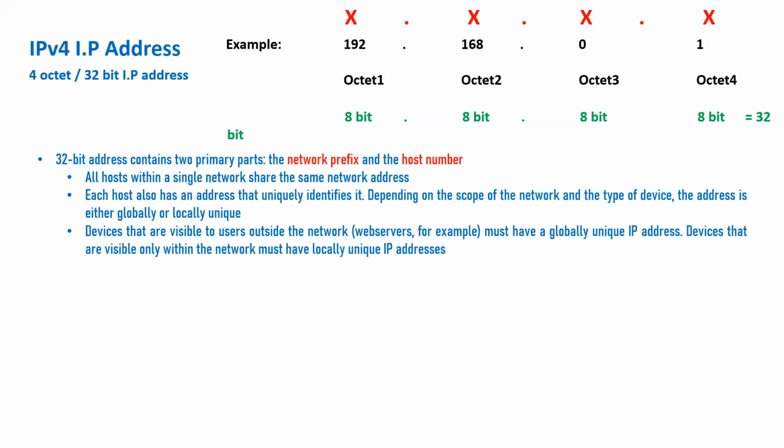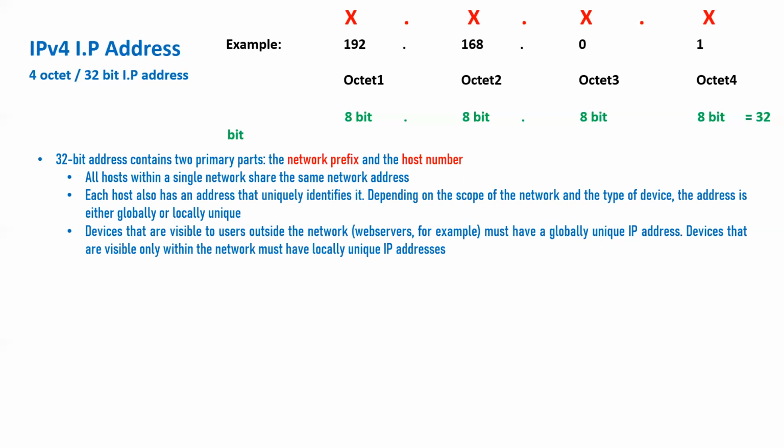N number of machines are there in the world, and if one machine is sending data to another machine, you need a unique identifier. That means we need a unique IP address to identify the machine. If it is exposed to the outer world, you need a unique IP address for the public network. And even inside your network, you need a unique identifier to identify each and every host uniquely.